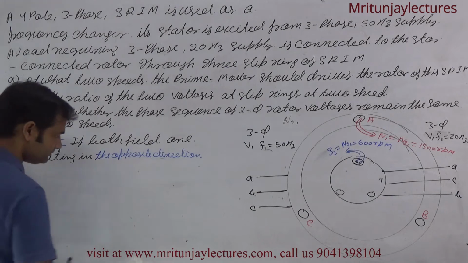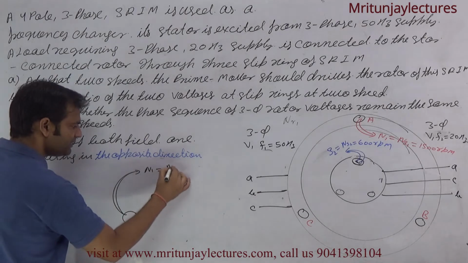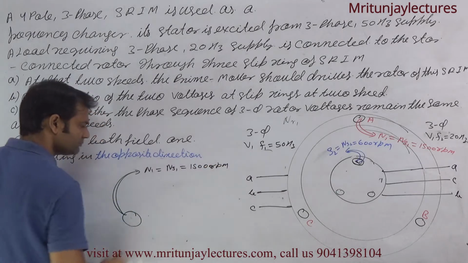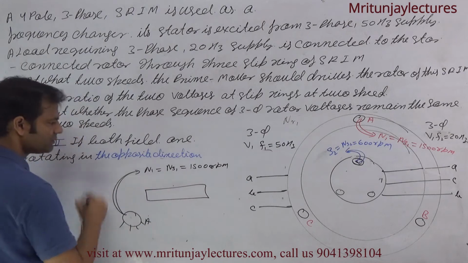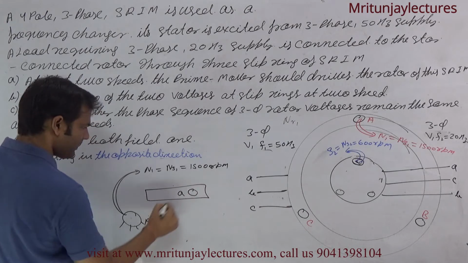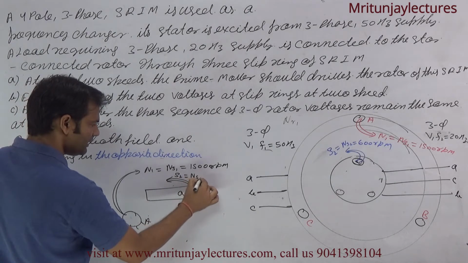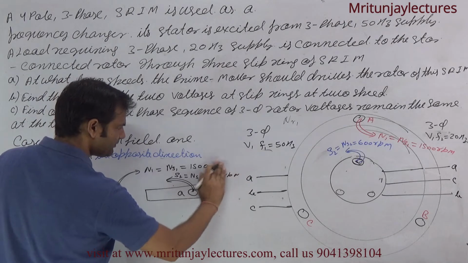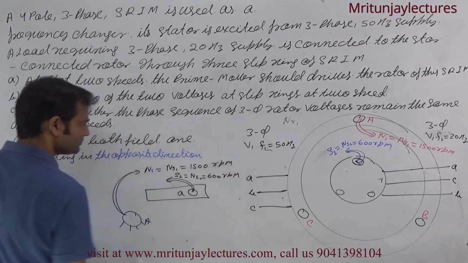Make once again the stator winding N1, which has speed NS1, that is 1500 RPM, and that is A, and this one is a rotor, small a, that is S2, NS2, how much, that is 600 RPM. Clear?